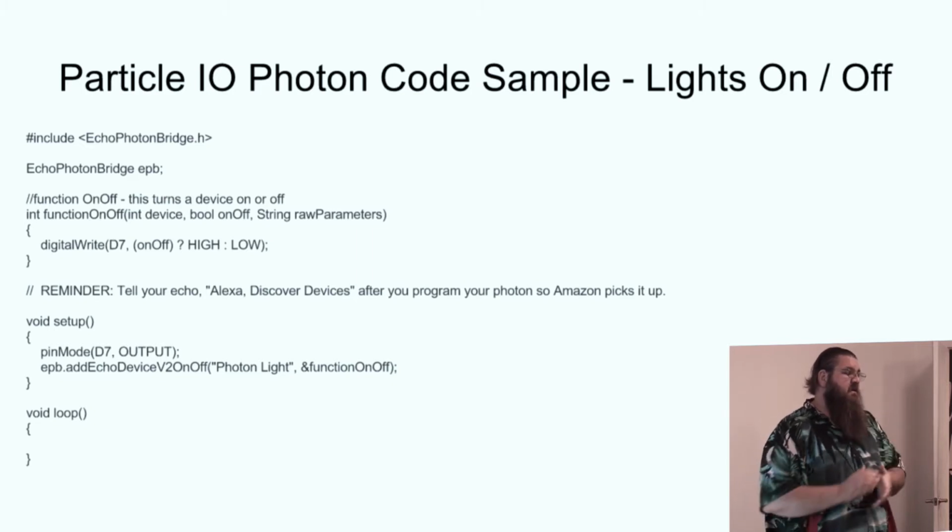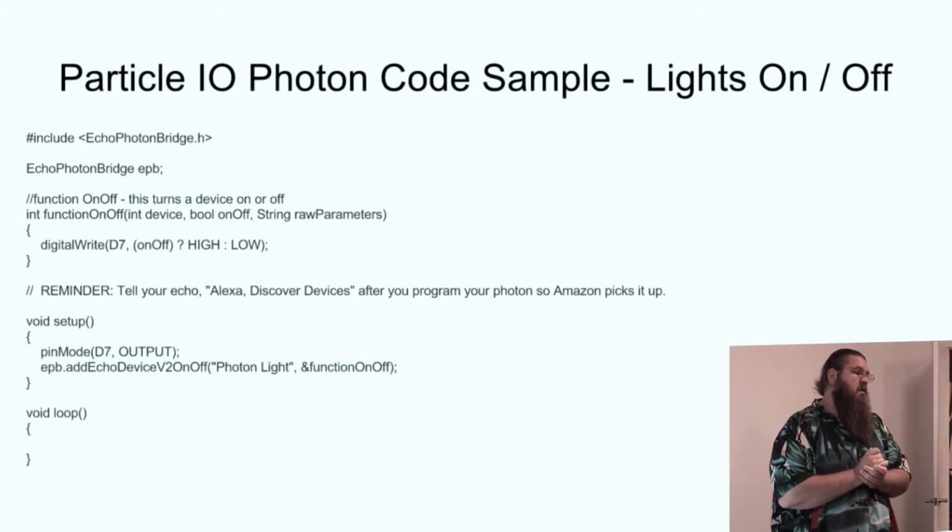Yes? I'd like to know, where do you store the access token? Is it on the chip that you just showed? So when I go into my Alexa application on my phone or alexa.amazon.com, and I add a skill, it immediately goes to Particle I/O and asks for a username and password.